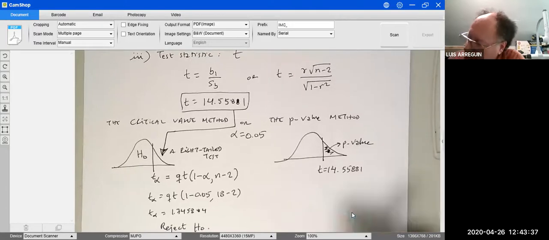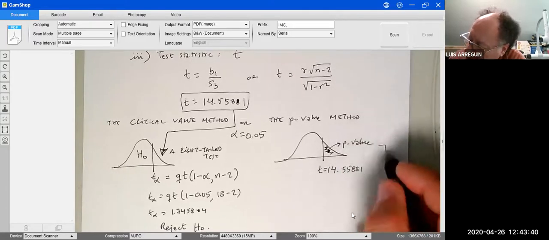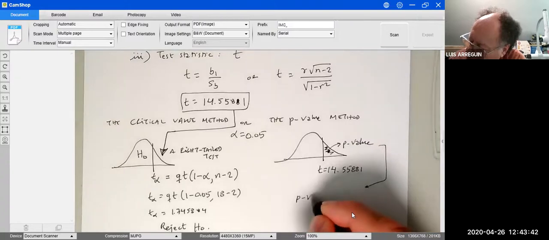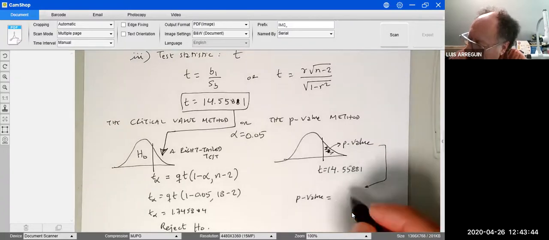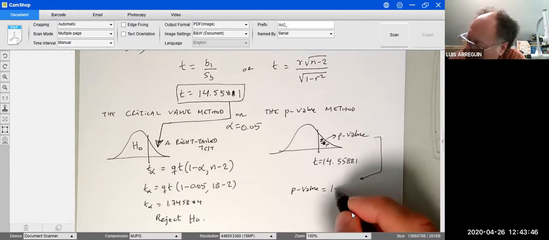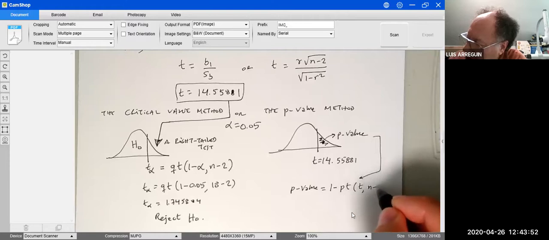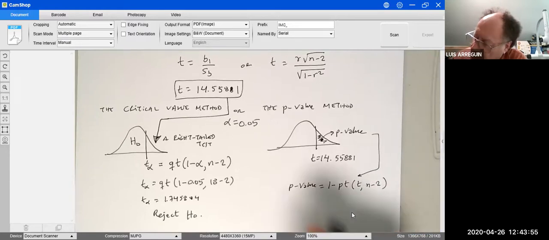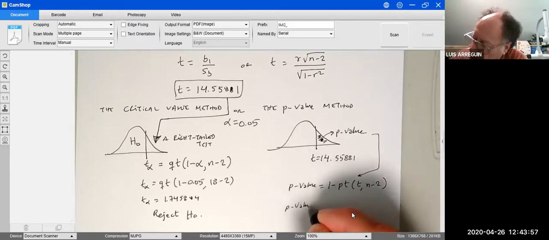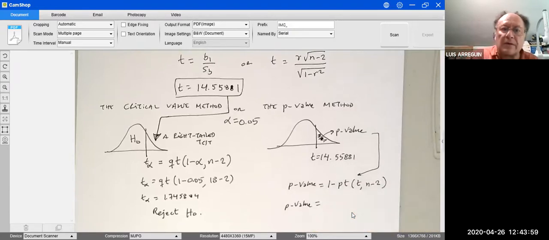So what is this p-value? This p-value is going to be obtained by using 1 minus pt. Here we're going to use t and n minus 2 degrees of freedom. So let's find this p-value by using R.